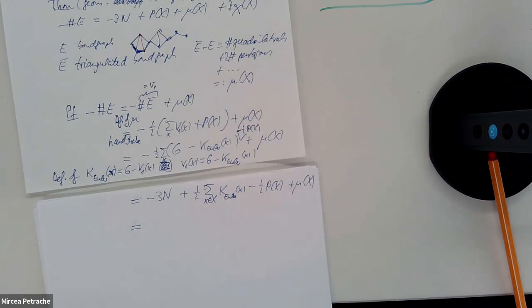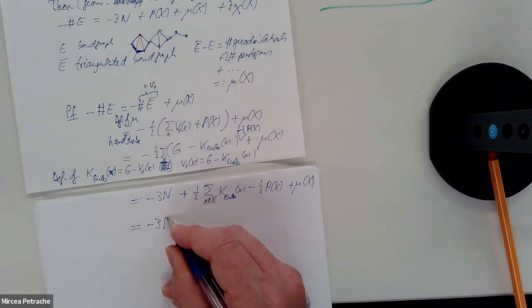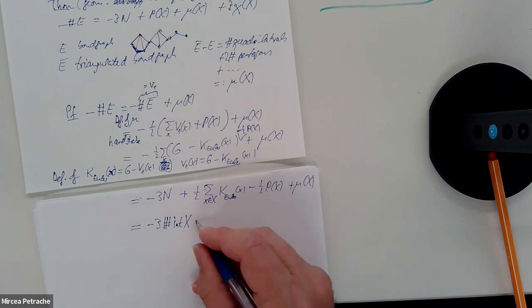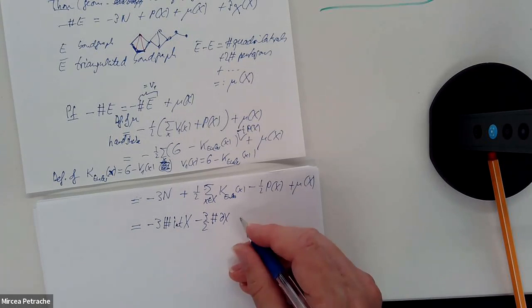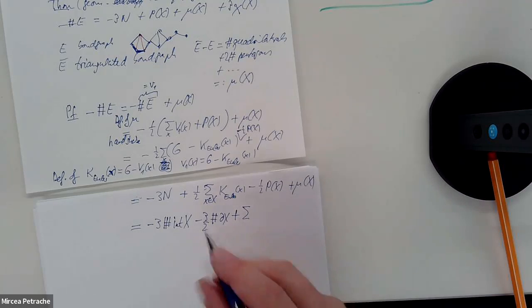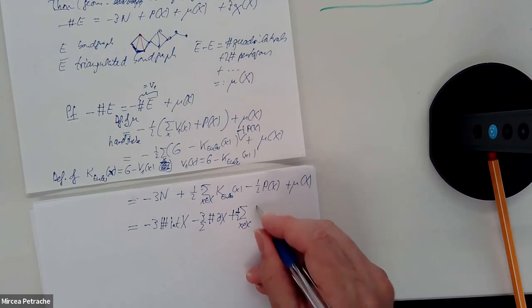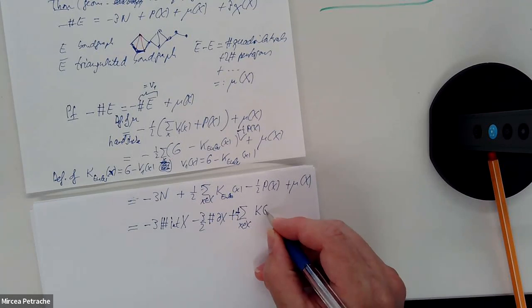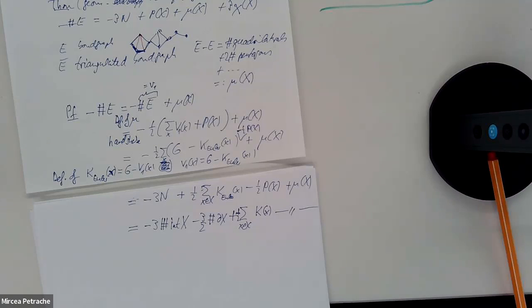So I want to resplit this into minus 3 times the number of interior particles, but only minus 3/2 the number of boundary particles. And then we can substitute the corrected curvature, sum over x of the boundary-corrected Euler curvature, and these two terms stay: minus a half p of x plus mu of x.